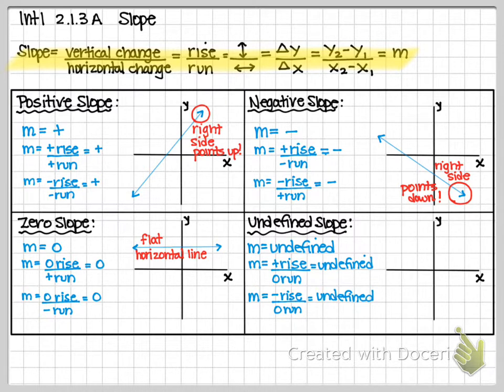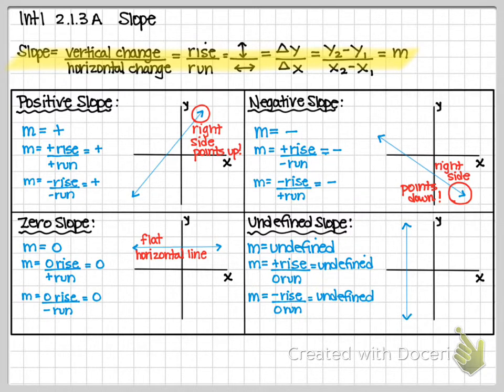Okay, so let's think about this. I have rise, so I have up and down, but I have no right or left. So if I'm thinking about a graph that only goes strictly up and down, I think we're talking about a vertical line this time. So you'll notice it has rise.